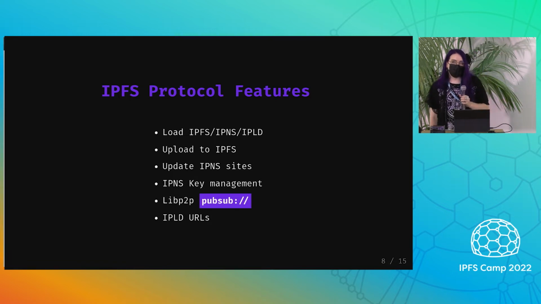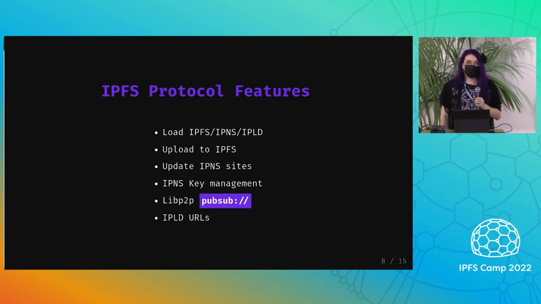For IPFS in particular, we're able to load data from IPFS, IPNS, or IPLD, which is similar to what browsers like Brave and Opera do with getting data from a gateway or otherwise. But the thing Agregore does, which other browsers don't yet, is the ability to upload data via the same protocol handlers.